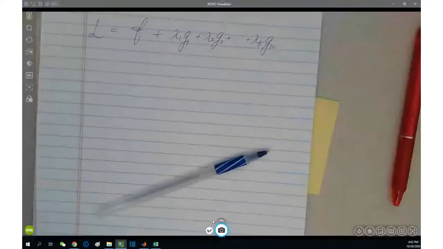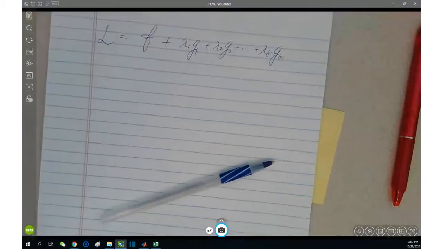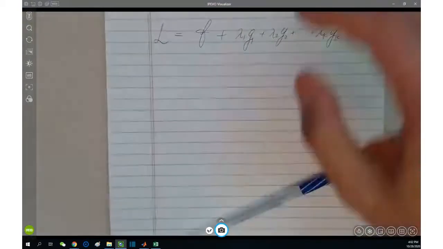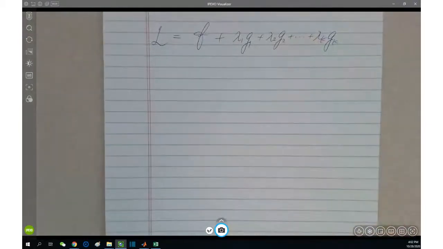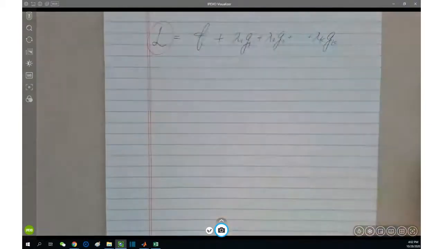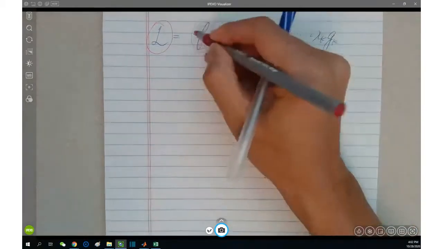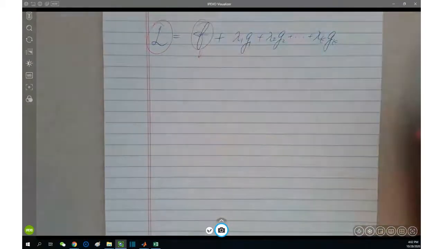So first of all, here is what we learned from last lecture. The Lagrange multiplier, which is a total function combining f and the g's. Of course, who is f? And who are the g's?